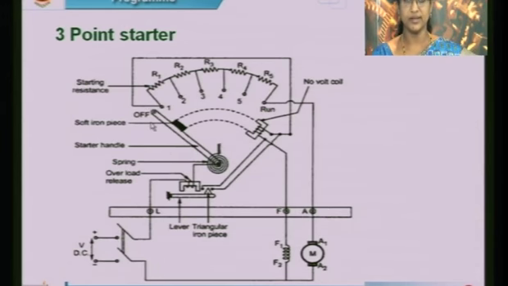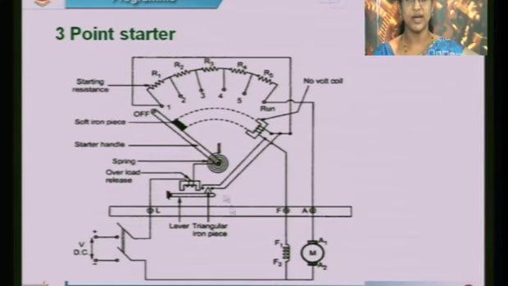So, when the conducting handle or starter handle moves from the off position to stud 1, another parallel path is created in series with this field winding. Then, due to current flowing through this field winding, this coil will be excited, and it attracts this soft iron.